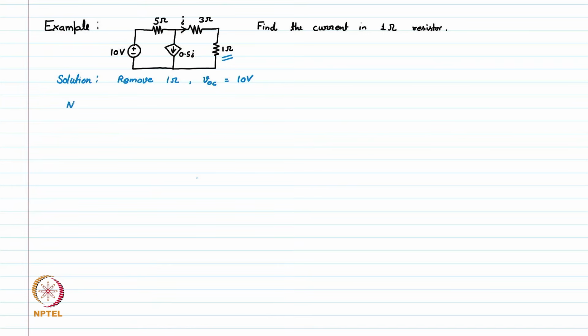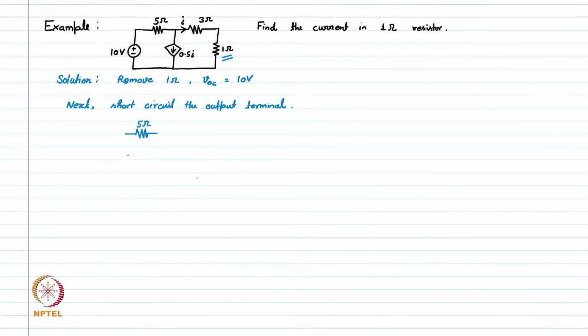Next, we short circuit the output terminal. If we short circuit the output terminal, the circuit diagram looks like this.